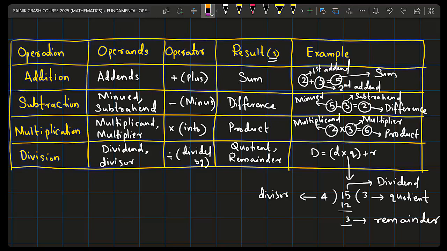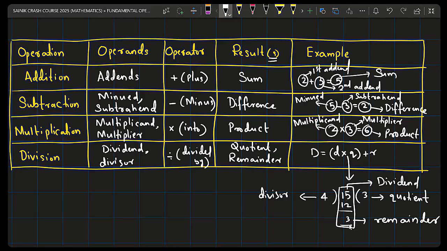Sir, in 15 divided by 4, does 12 have no position? Actually, why did this 12 come? This 12 came while we are doing subtraction, right? From 15 we are subtracting 12, we are getting 3.